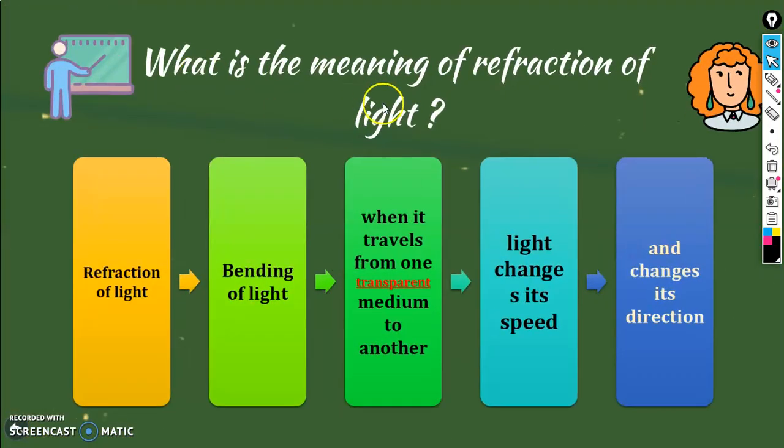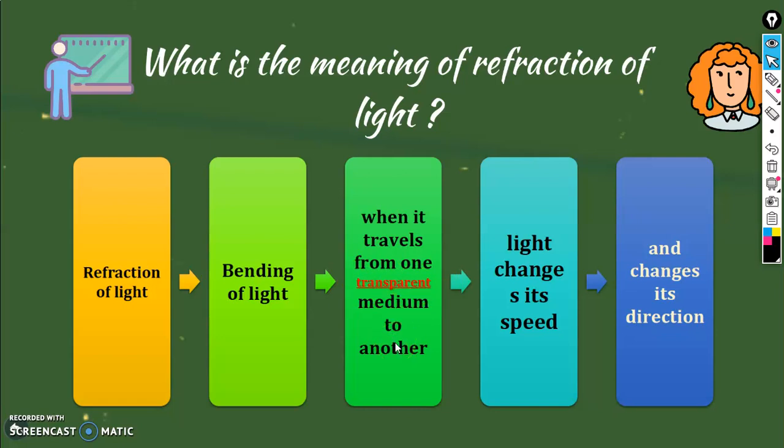So what is the meaning of refraction of light? Pay attention with me, my dears. It means bending of light. Bending of light. انكسار الضوء. When does this happen? It happens when the light travels from one transparent medium, and please be careful, transparent medium, يعني وسط شفاف, to another.